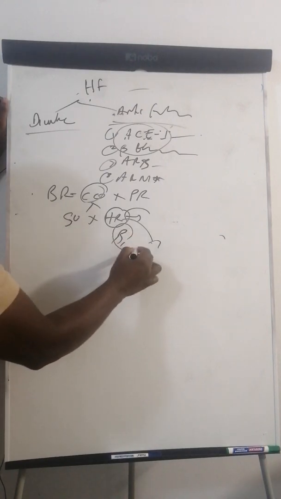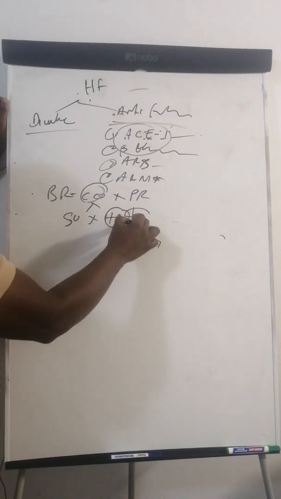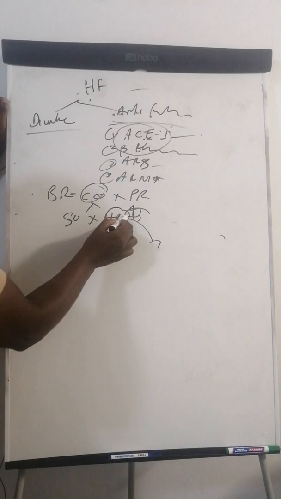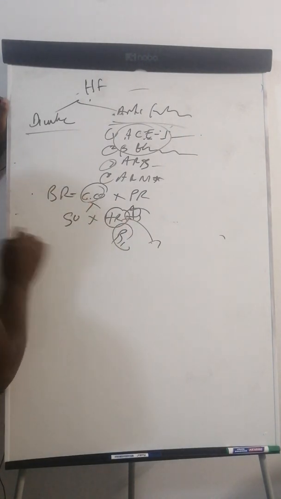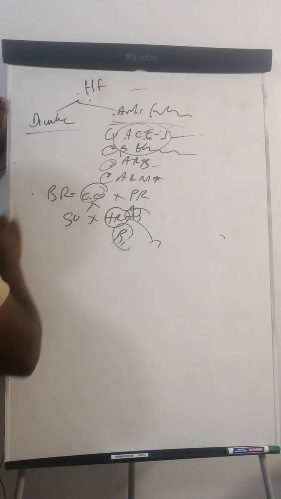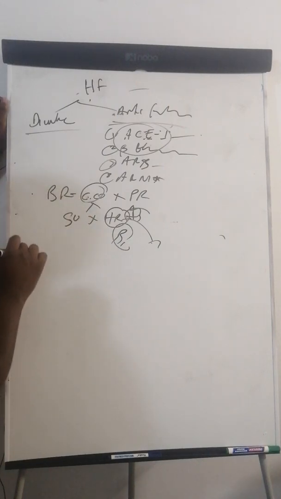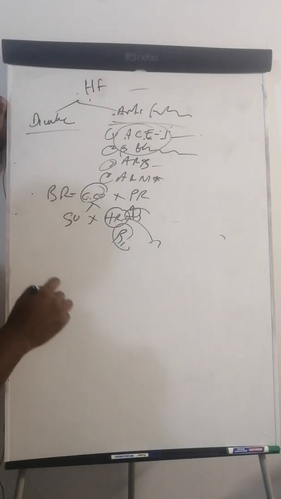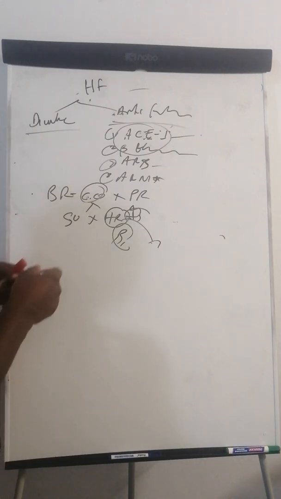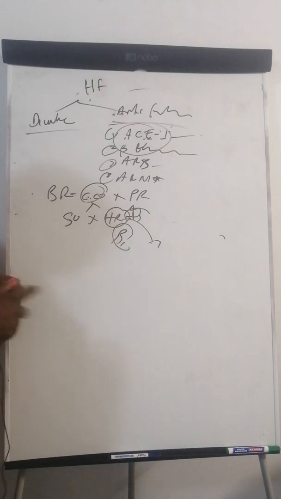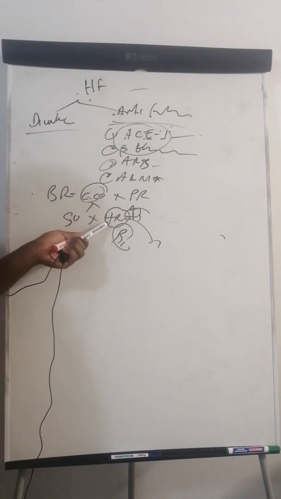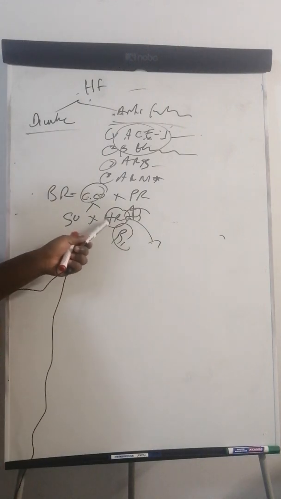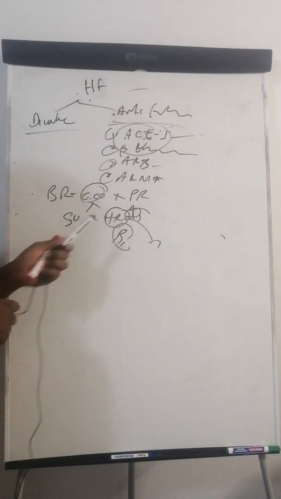Once you stimulate beta 1 receptors, you are going to cause an increase in heart rate. Once this goes up, your cardiac output should go up. That's in a normal patient. But the problem is that in heart failure, you have a pump failure. So even if you force this heart to beat 200 times per minute, because that's what's going to happen now, you're going to increase the heart rate.